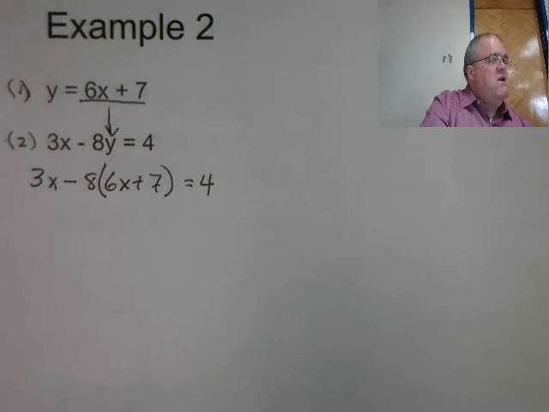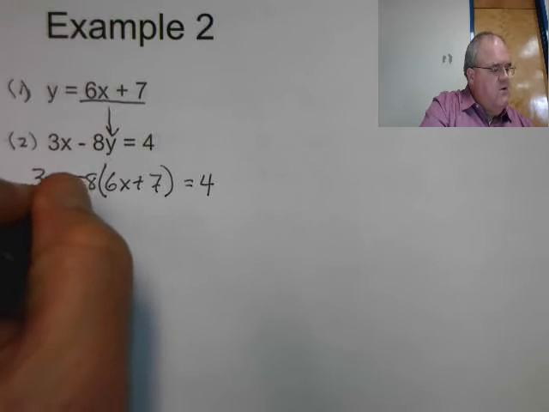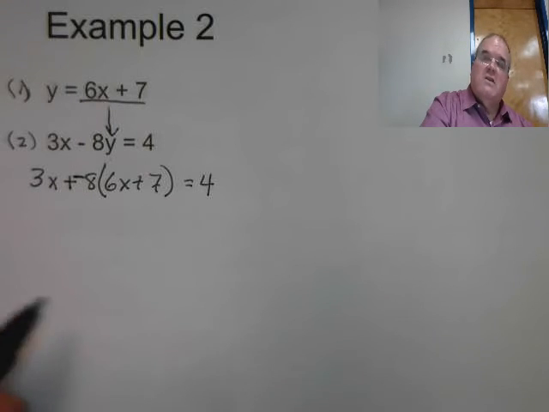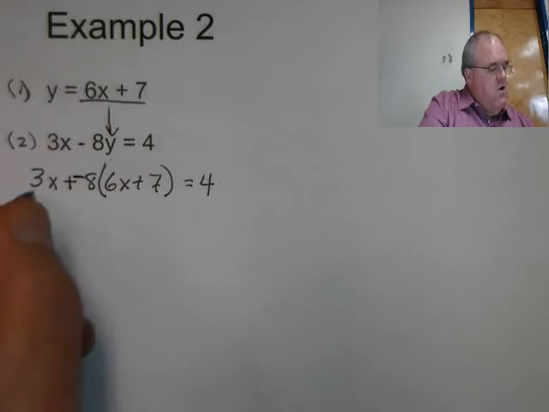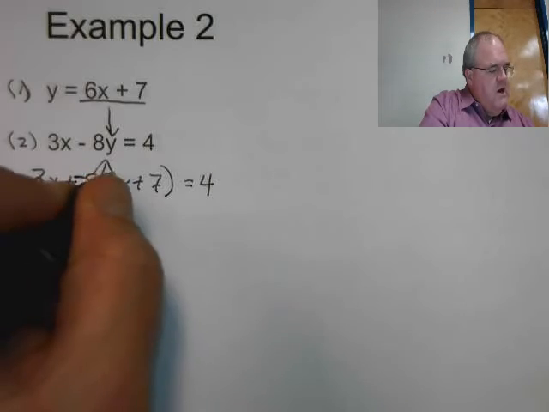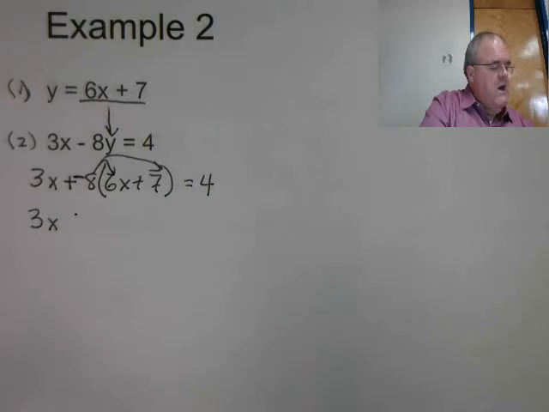Now, it makes it easier to keep track of signs if I change this to addition and change the sign on the number. So I have 3x, and then I need to distribute my negative 8.